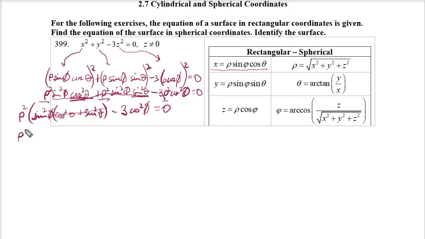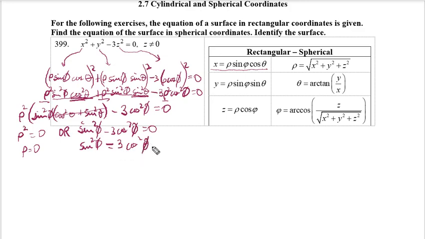So we know from what we did earlier that either rho squared is equal to 0, which means the dot at the origin, or the sine squared phi minus the 3 cosine squared phi is equal to 0. Taking this second one, we've got sine squared phi equals 3 cosine squared phi.